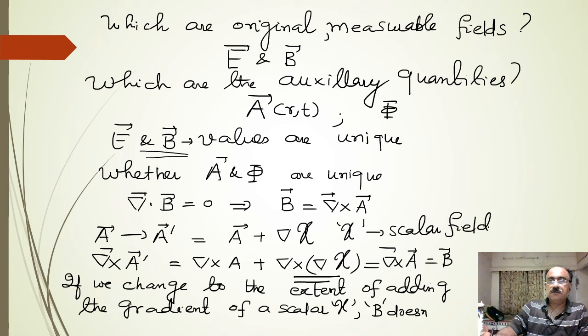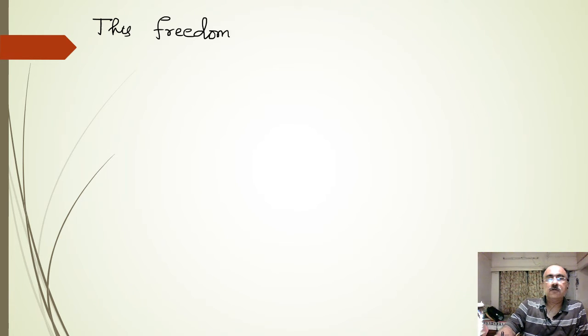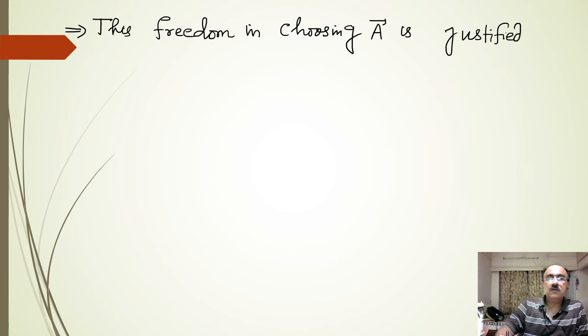The essence is that we are getting some freedom in defining A. This freedom in choosing A is justified because it doesn't change the B field.